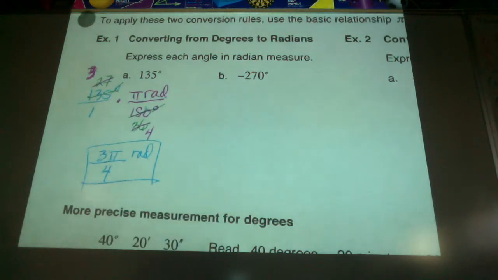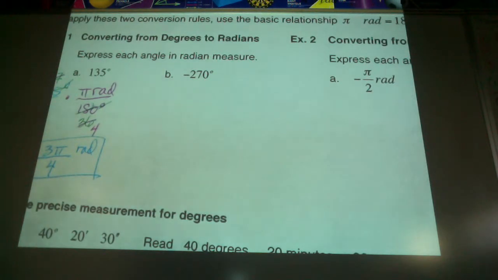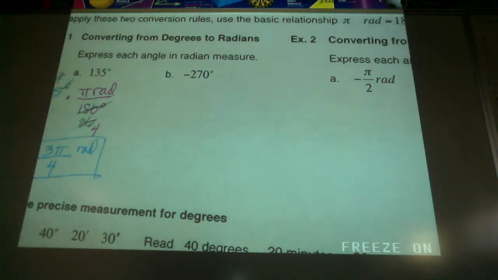So then you do 270 by yourself. That one's a little easier with reducing. You do 270, and it's negative. The negative doesn't change anything.